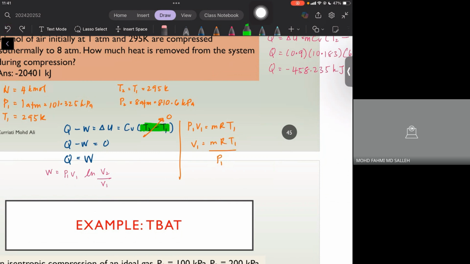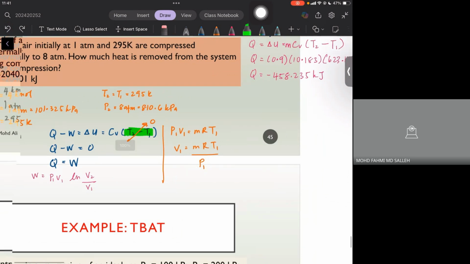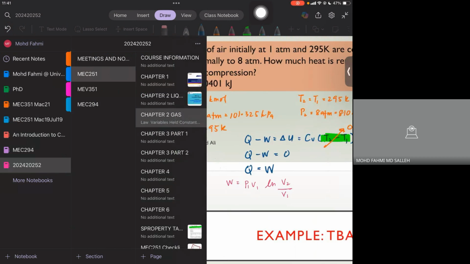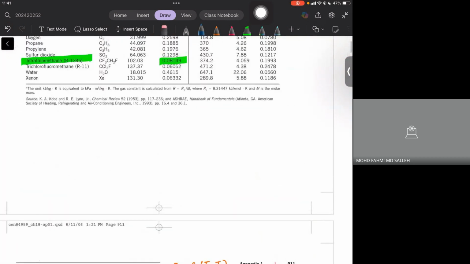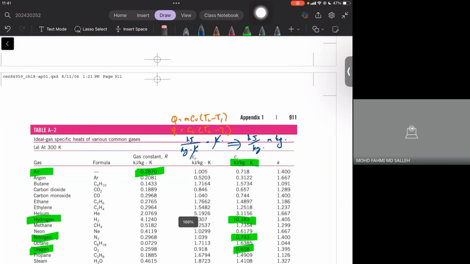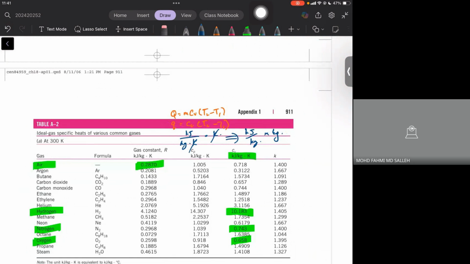For the specific gas constant R for air, you can find it by referring to the property tables. As you can see, for air the gas constant is 0.2870 kilojoule per kilogram Kelvin.